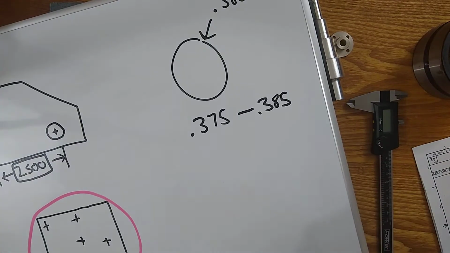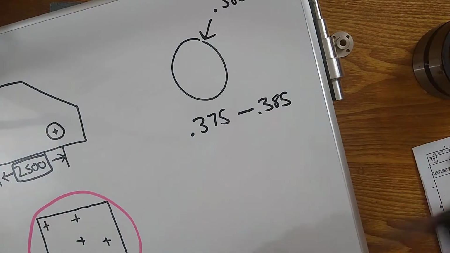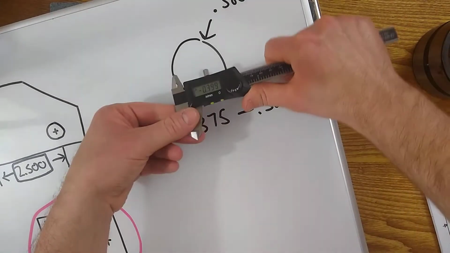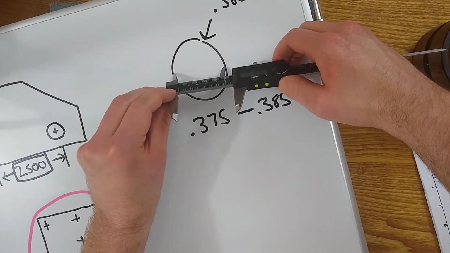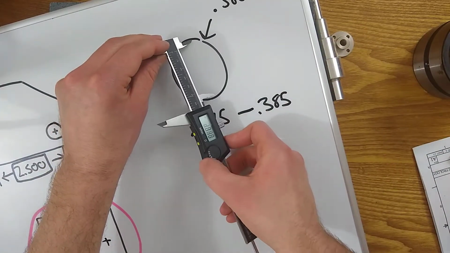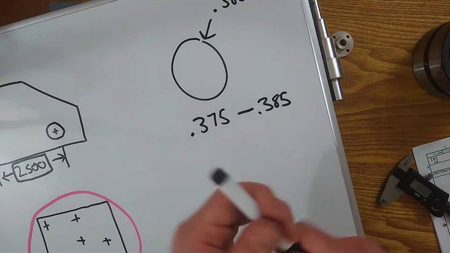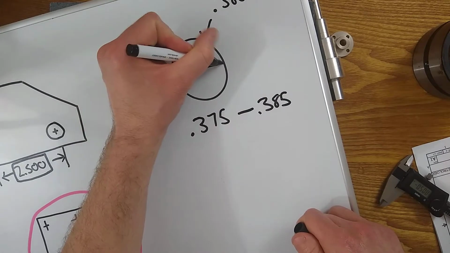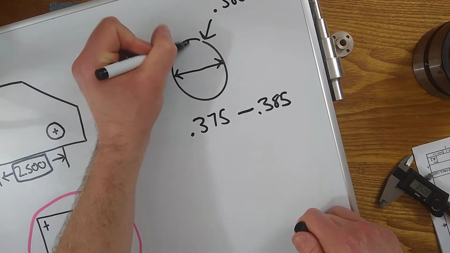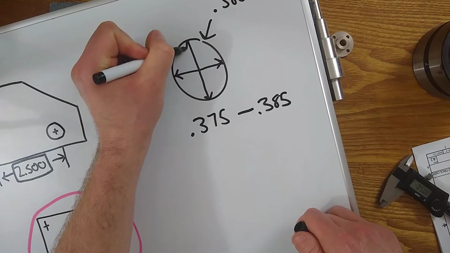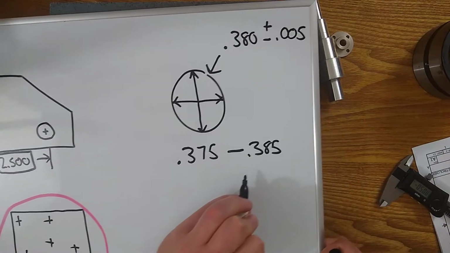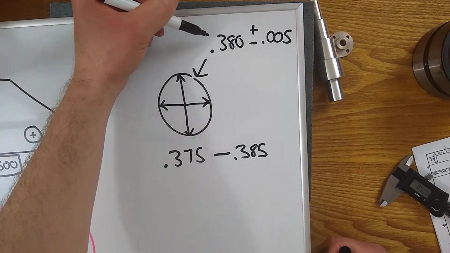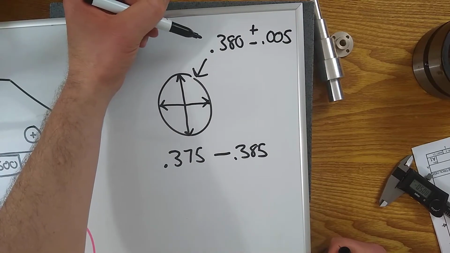When you're checking with your calipers or micrometers or CMMs, whatever distance you get here and here, whatever the lows and the highs are, the way I've drawn it, it looks like this is the low. It's a little bit egg-shaped, and this is the high. Whatever those numbers are need to be in this range, because this is the tolerance we have for every single hole.